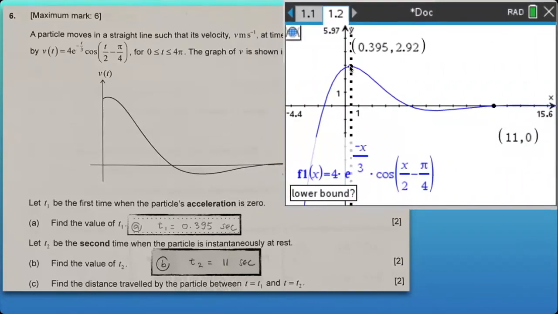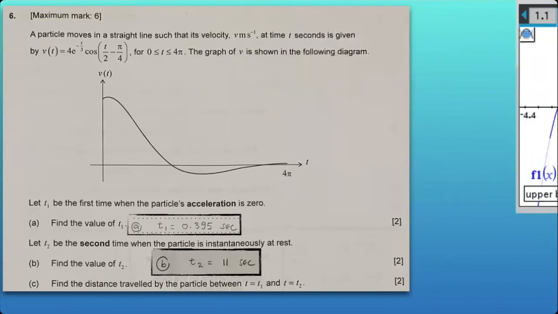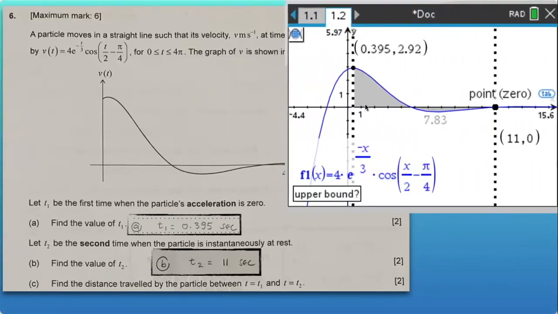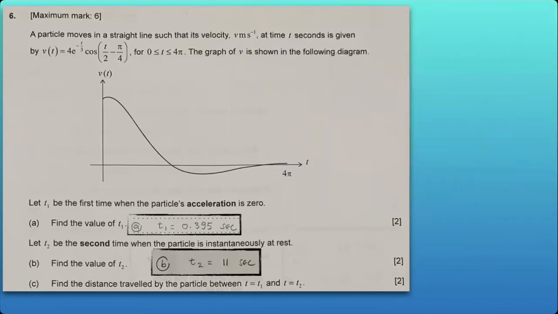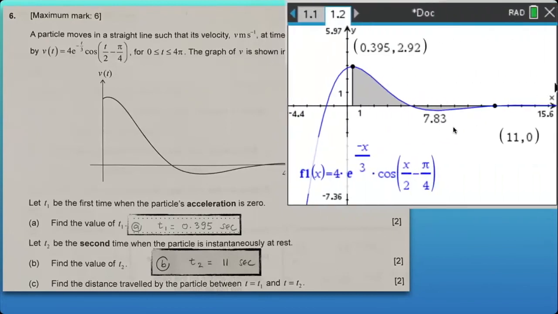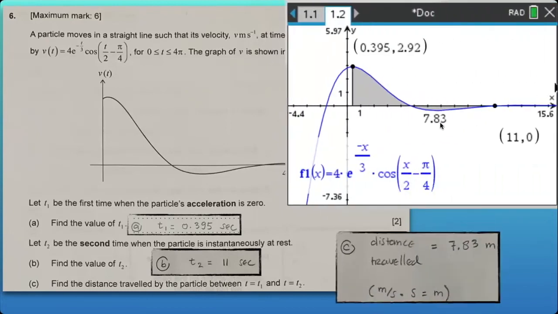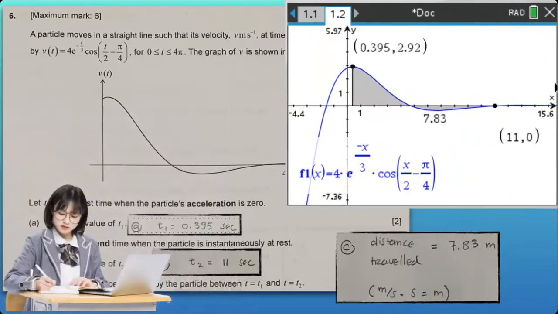We can click that maximum point that we got previously, and then the calculator will ask us for the upper bound, and we have to click that 0 point that we found in part B, and we get the bounded area. Therefore, the distance traveled is equal to 7.83. So there you go.